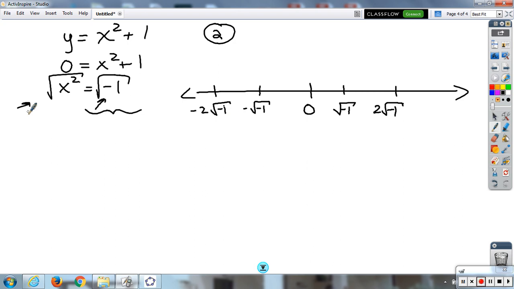After we take the square root of x squared, we get x equals, and we get two solutions, plus or minus the square root of -1, which means that we have x equals both plus square root of -1 and minus the square root of -1. So that means I can identify where they are on this number line. So that means this function must cross this axis here and here.